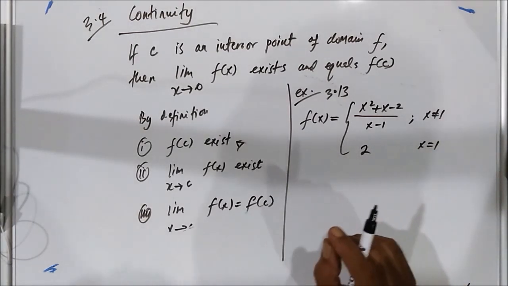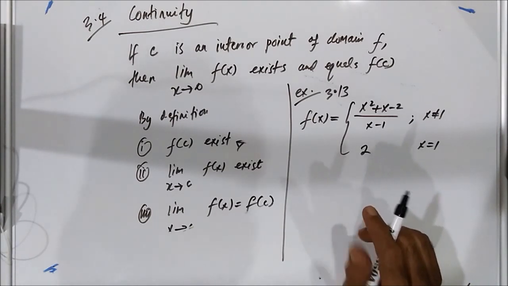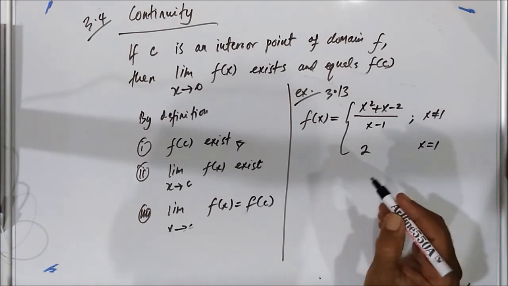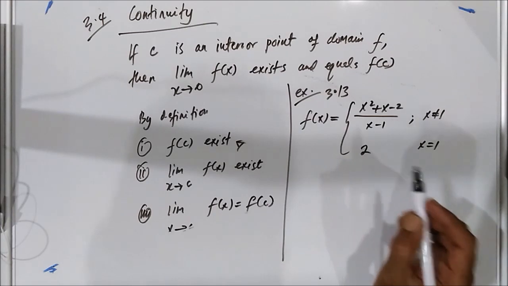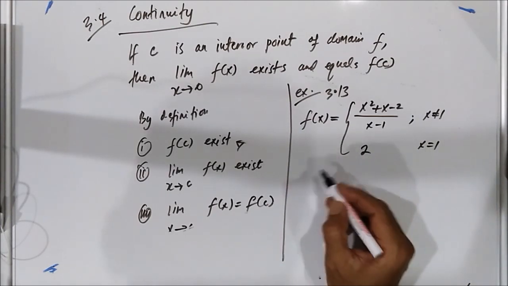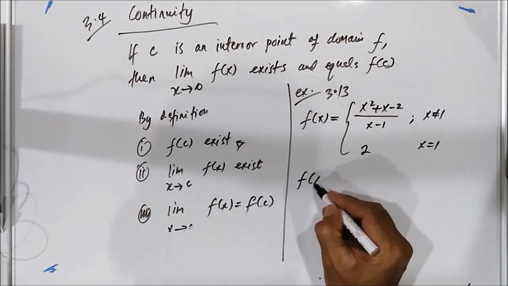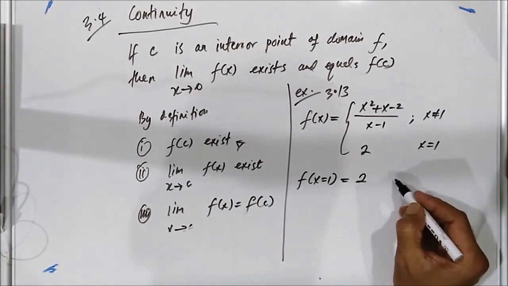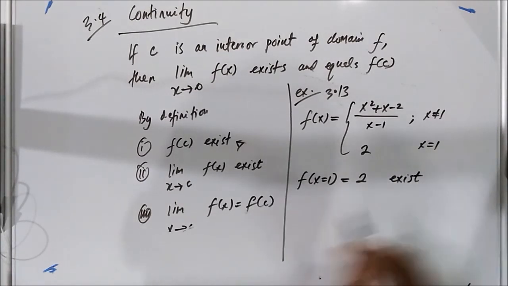First of all, the solution here: f(1), if I put c equal to 1, is equal to 2. This exists, as I have a value here.